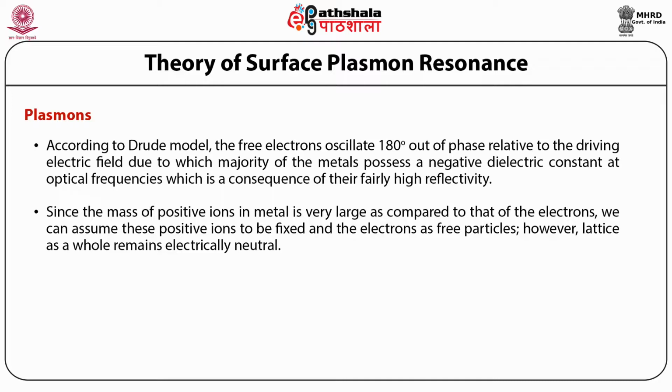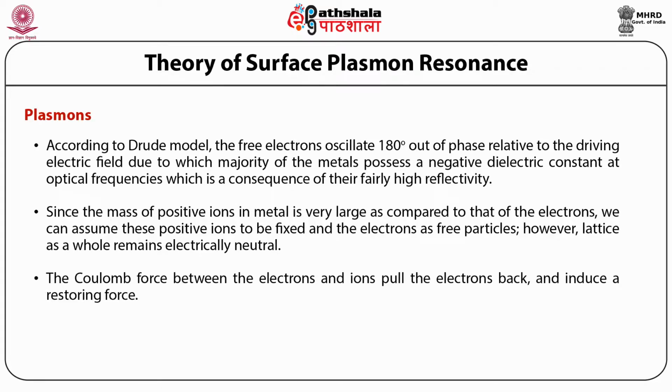So when a weak electric field is applied across the metal, electrons are displaced slightly with respect to the ions. The Coulomb force between the electrons and ions pulls the electrons back and induces a restoring force. The resultant of these two forces sets up longitudinal oscillations amongst the electrons.